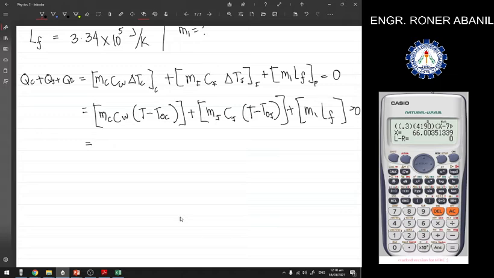Dito, pwede natin itong i-rearrange para mahanap si MI, or gamitin natin ang calculator for shift solve. Pag ni-rearrange natin yan sa MI, magkakaroon tayo ng formula of MI.